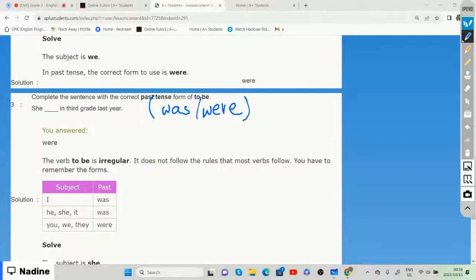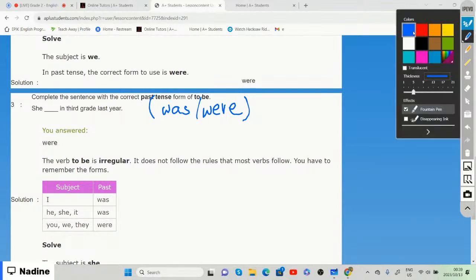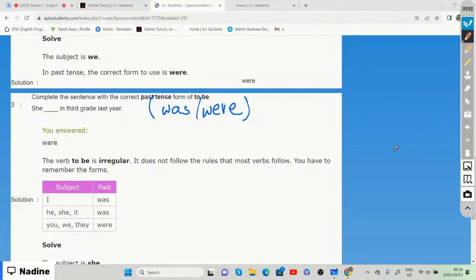We either say was or were, referring to one person, one subject. All right, so then we will say she was in third grade last year. Yes, we say was in third grade last year.